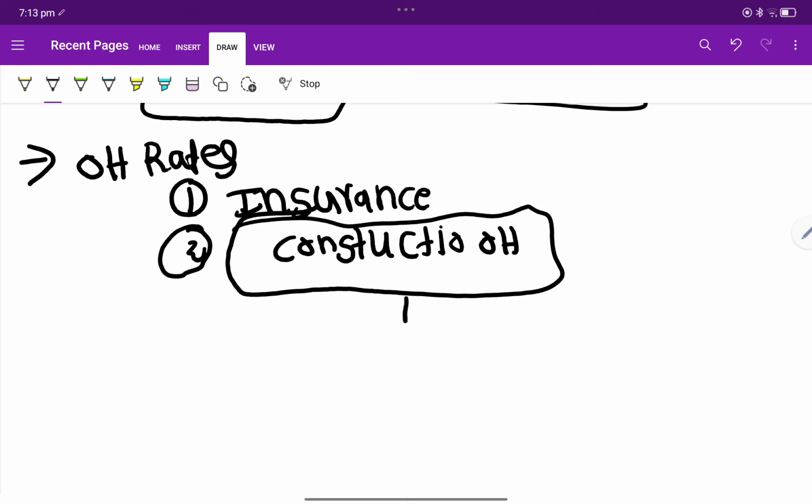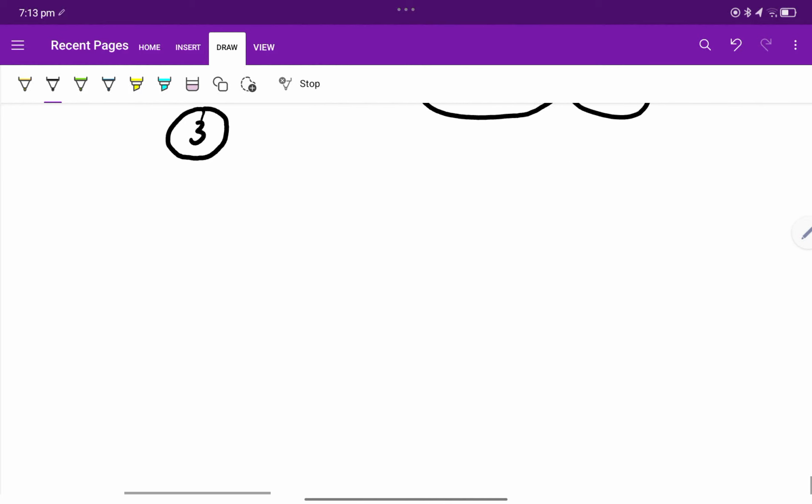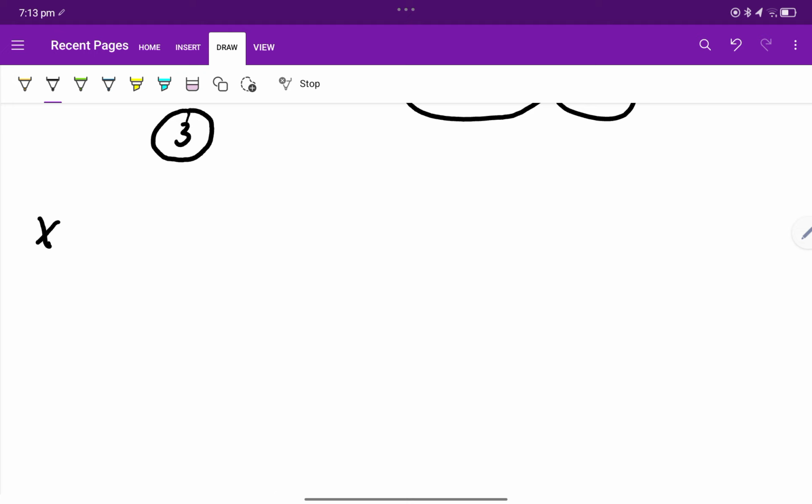Suppose there is a corporate office, they are incurring some expenditure for getting all the contracts. That expenditure needs to be allocated to all the construction contracts based on some ratio, based on the revenue or based on the cost, or based on the number of employees. So these are allocable costs.